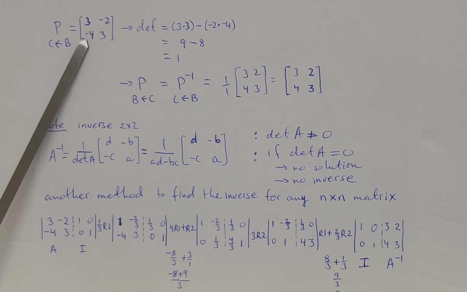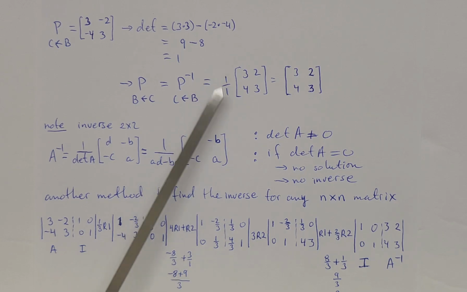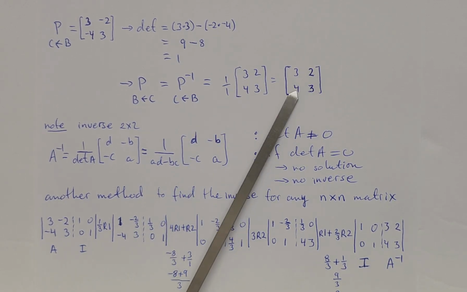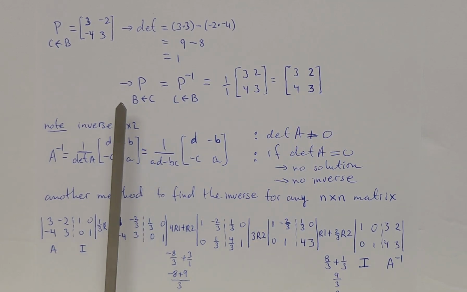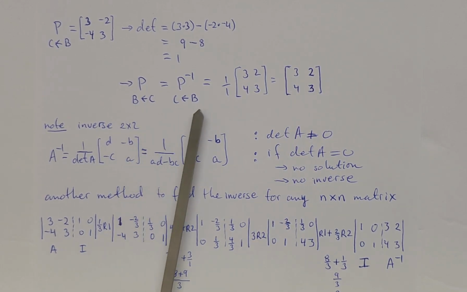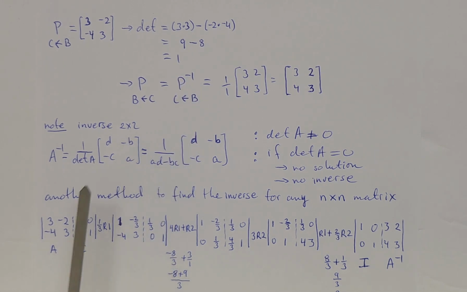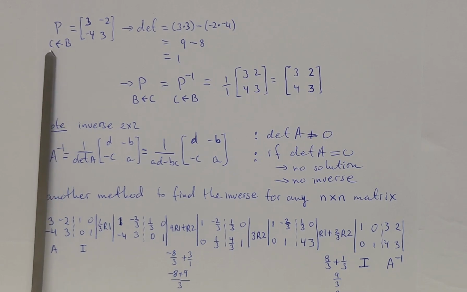Extra negative, so negative and negative gives me +4. 1 divided by 1 is just 1, and 1 times the whole thing is back to itself. So this is the answer for C to B, which is also the inverse of B to C. One more time, this is the answer for B to C.